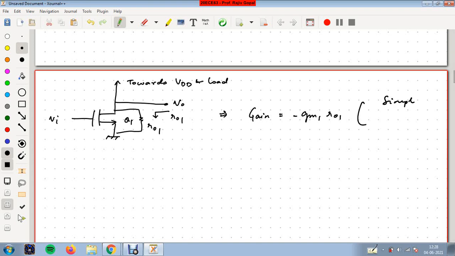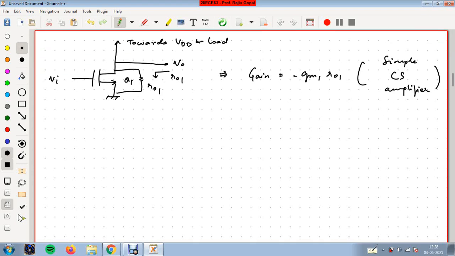Okay, a simple common source amplifier, right? But now what happens is, if I draw the same circuit now, Vi, if I do it like this, this is ground, this is Q1, and this is towards load and VDD.